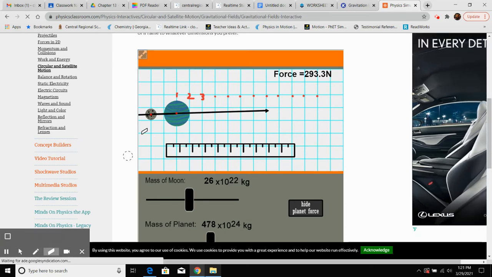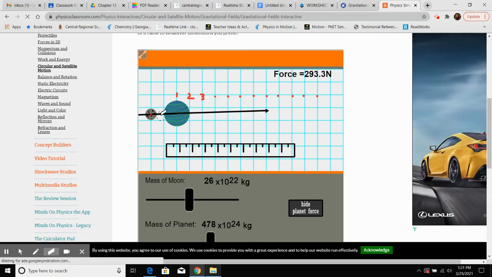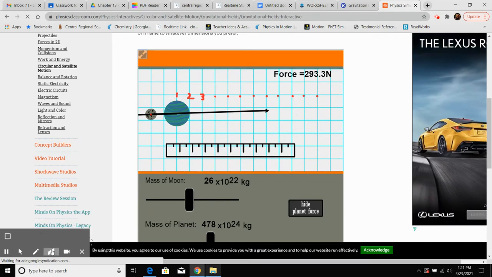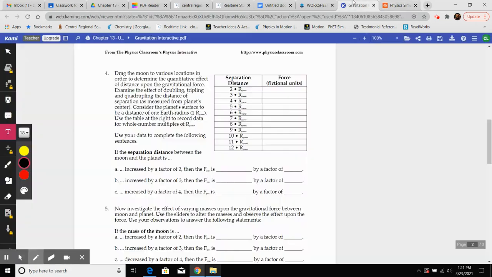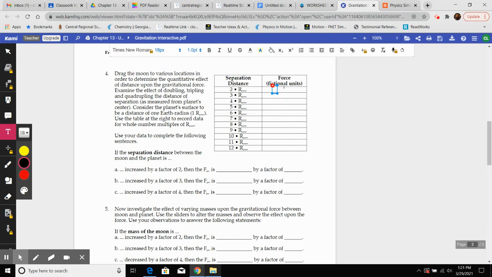So let me get my eraser out. Okay, and let's try and get it centered up as best as we can. All right, the force I'm getting here is 302.6 newtons.